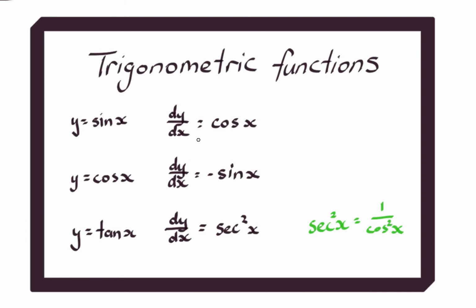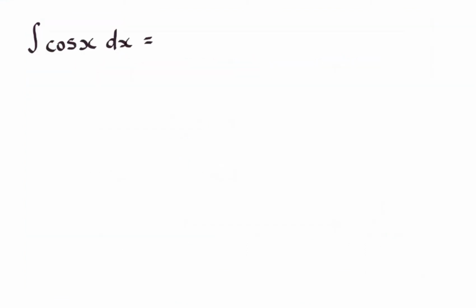So now that we've refreshed these derivatives, we just need to do the opposite process, remember, for integration. So when we integrate cos of x dx, we just go back to sine x plus our constant of integration.